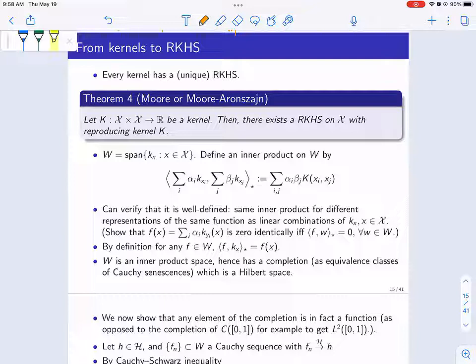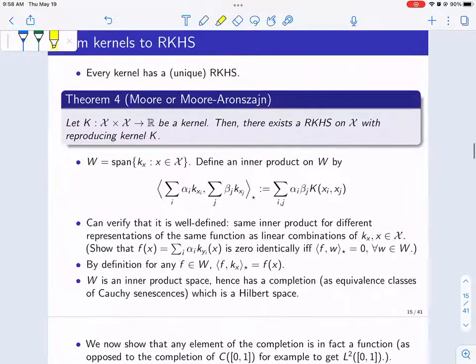And then from this definition, what happens if one of these summations only contains k_x? So if f is equal to the sum of alpha_i k_{x_i}, then the inner product of f with k_x would be the sum of alpha_i k(x_i, x) by this definition.